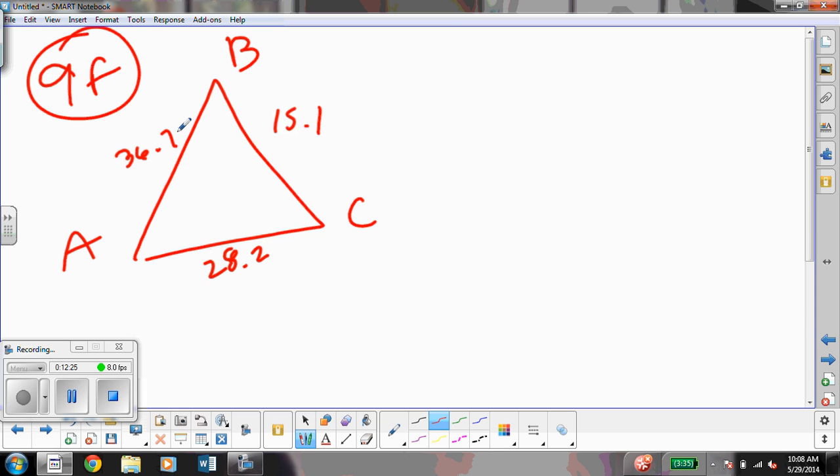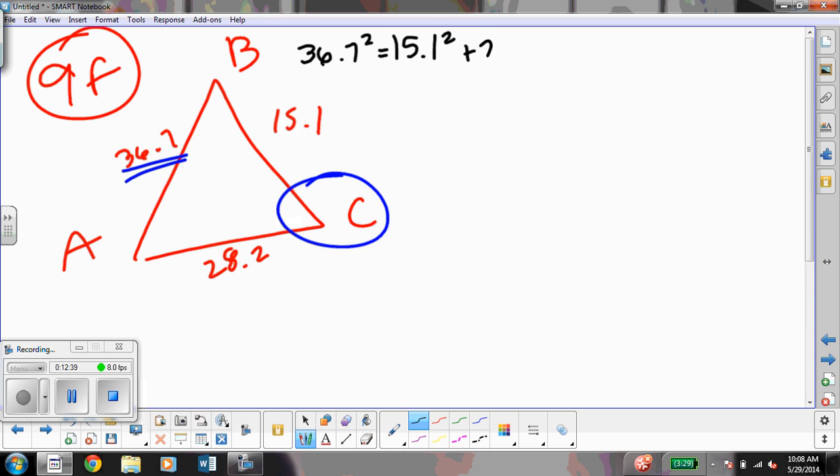And I want to find angle C. So if I want to find angle C, I'm going to keep side c isolated. 36.7 squared equals 15.1 squared plus 28.2 squared minus 2 times 15.1 times 28.2 times the cosine of C.